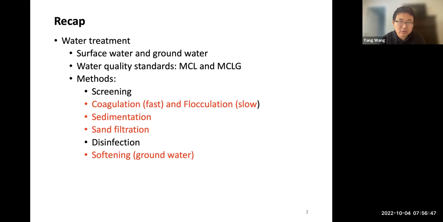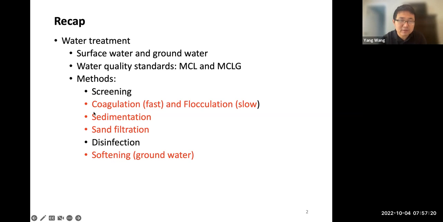We also know the federal standards, the MCL and MCLG. The MCL is an enforceable standard: if the water quality fails this standard, there will be some punishment. And there's also the MCLG. The G here represents goal. That is our goal, so it's not enforceable. These are kinds of targets.